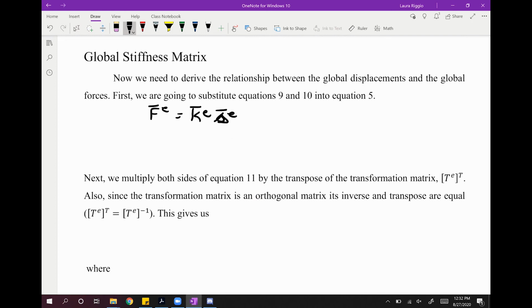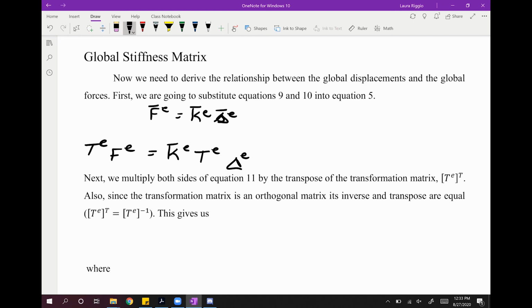So I'm going to replace F bar with my transformation matrix times my global forces. It's still going to be equal to my local stiffness matrix. And I'm going to replace my local displacements with my transformation matrix times my global displacements. Now, I have a transformation matrix on both sides of the equation. I want to get rid of that pesky TE that's in front of my F.